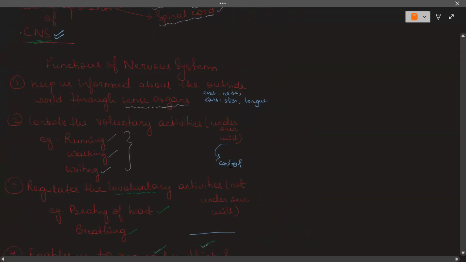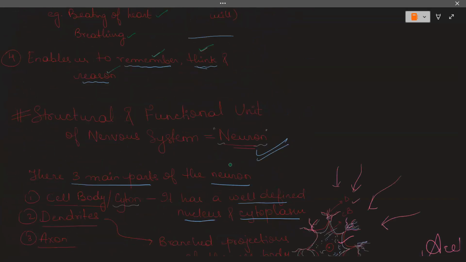All right. Now moving forward, the structural and functional unit of our nervous system is the neuron. Just like, what is the basic unit of life, students? The structural and functional unit of life?